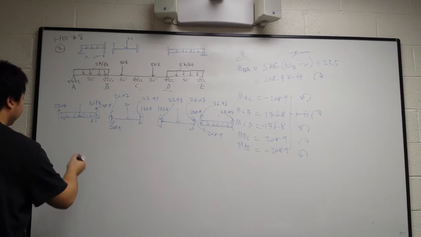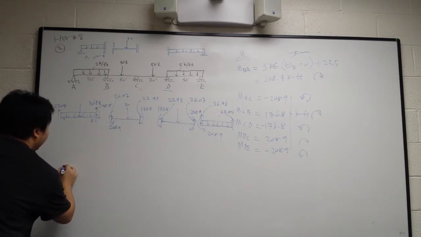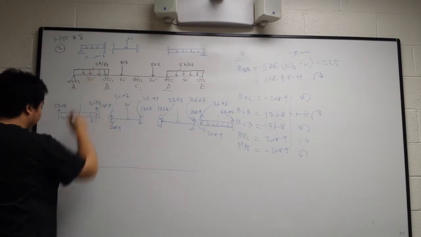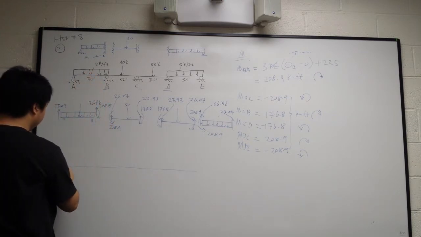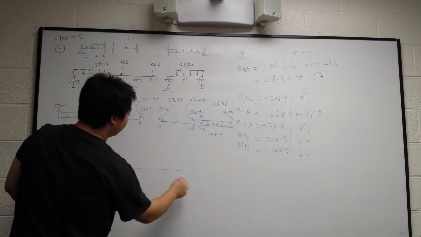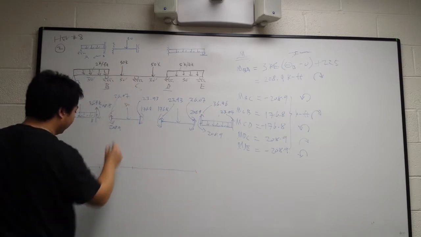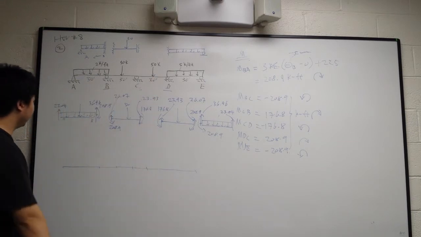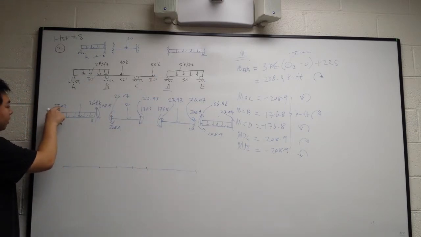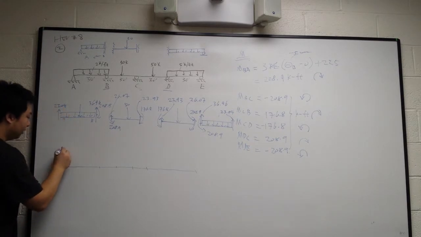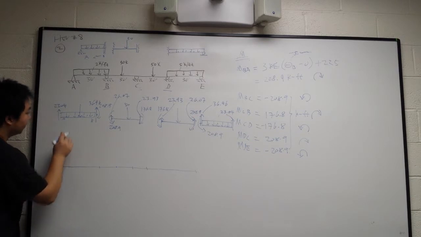So if we have all the shears, we can draw our shear diagram. We're going to have a line. You're going to have a distributed load. So you're going to have 1, 2, 3, 4, 5 points. You have point loads. So for shear, 23.04, you're going up 23.04.